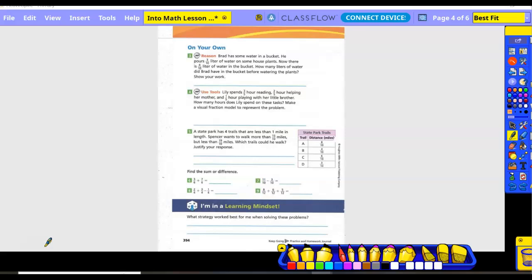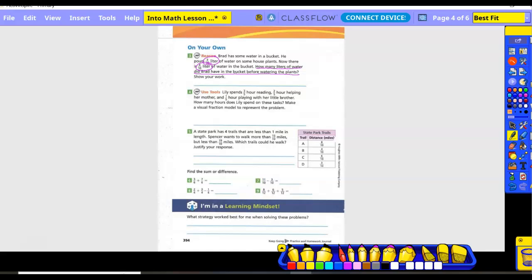Okay, so what do we need to circle? 3/10 liters, 4/10 liters, and how many liters did Brad have in the bucket before watering the plant? Now this is a little tricky because it says before, right? We need to decide, are we finding the total or the part?